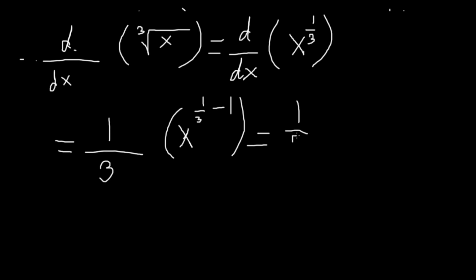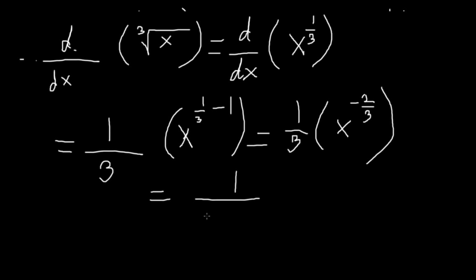This is the same as 1/3 x to the negative 2/3, which is in exponential form, or you can write it as 1 over 3 times the cube root of x squared.